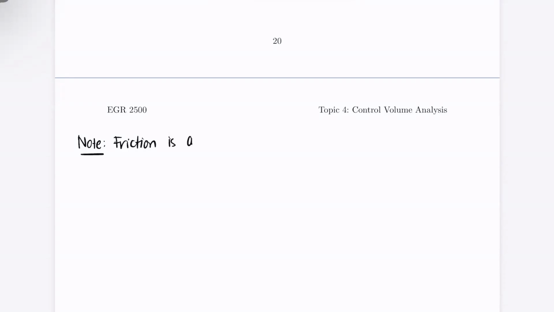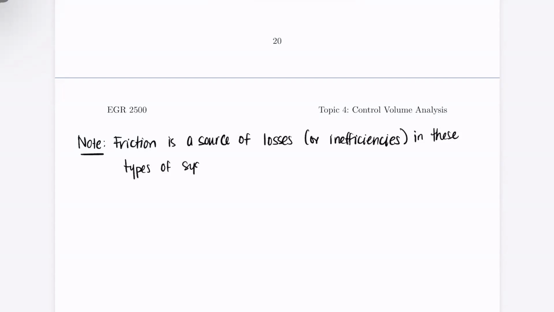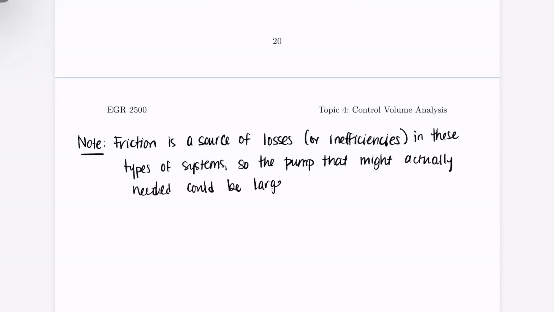Friction is a source of losses or inefficiencies in these types of systems. So the pump that might actually be needed could be much larger, or this pump might require more power.